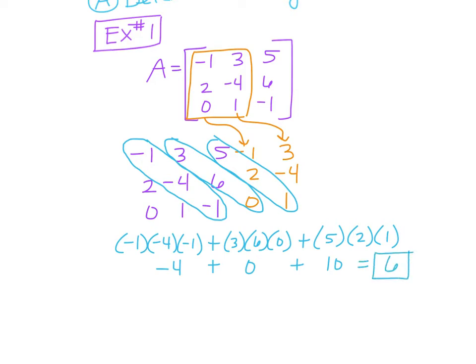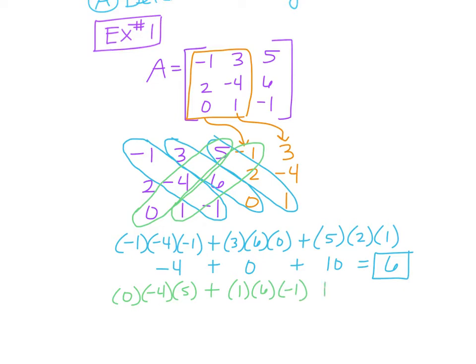Okay. Then we're going to switch it up and we're going to do our diagonals the other way. So now we're going to start at the bottom left and we're going to pull out our diagonals this way. So it's going to be this one, which is 0 times -4 times 5, plus now this diagonal, which is 1 times 6 times -1, and then this diagonal, which is -1 times 2 times 3.